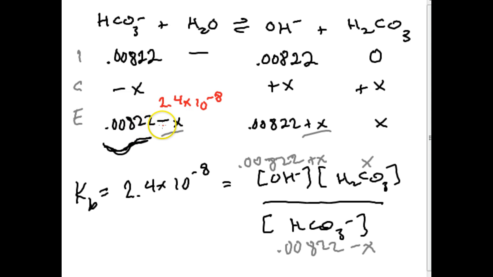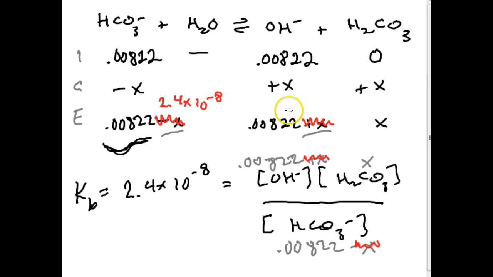So my conclusion here is that you don't need to worry about this. So when you do this problem, Sammie, for whatever number they gave you in this problem, you do not need to worry about the minus x with the plus x. Your problem will look like this. 2.4 times 10 to the minus 8 equals 0.00822x over 0.00822. There will not be an x squared even in your problem. Okay, Sammie?